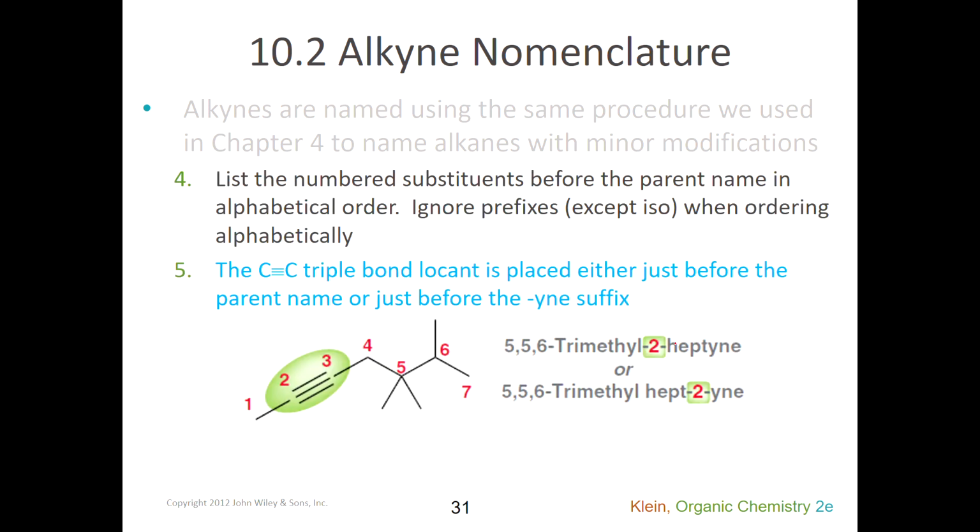Just like with alkenes, the number that locates where the triple bond is the lower of the two numbers that the triple bond is bridging. And I can put that number in front of the whole parent name, or I could put it just in front of the suffix. Either way, I'm communicating that the triple bond is present with the -yne suffix and that the triple bond is bridging carbon 2 and 3 by putting the number 2 in the name.